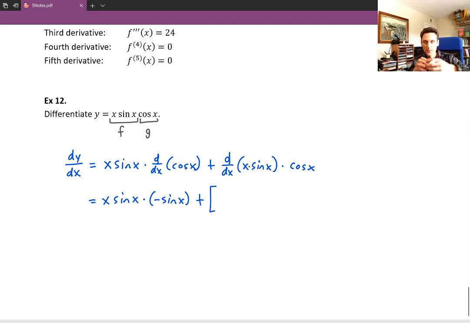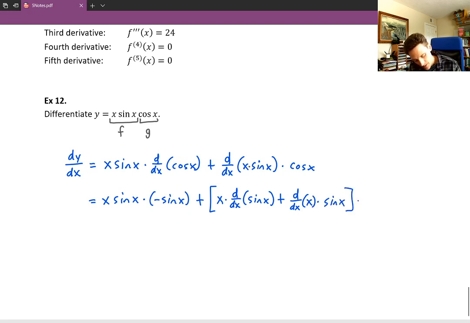The product rule explodes into 2 terms, and so we're going to use those brackets to capture that explosion into the 2 terms. So we have first times derivative of second, so x times derivative of sine x, plus the derivative of the first, derivative of x, times the second, so times sine x. All of that times cosine x.